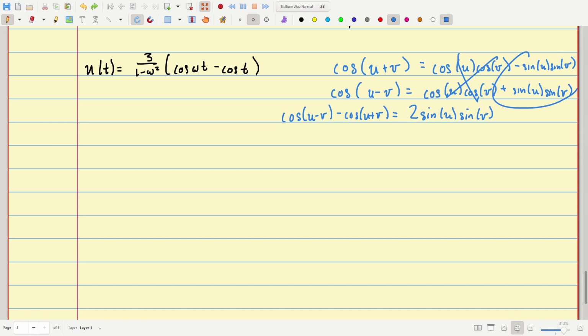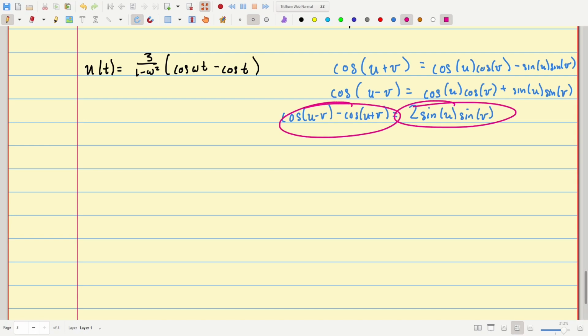The reason why that's important is because it allows us to take a difference of cosines and turn it into a product.